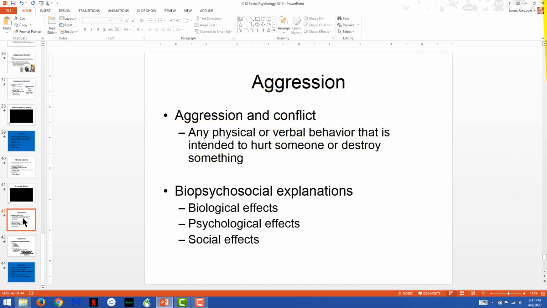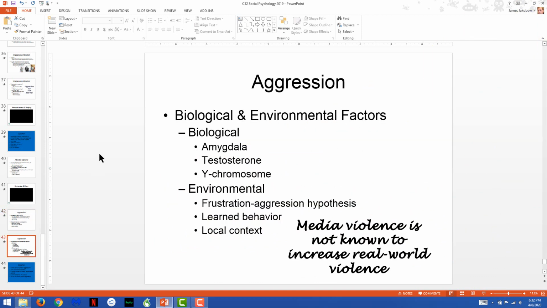Now, there are a variety of basic biopsychosocial explanations for aggressive behavior: biological effects, psychological effects, and social effects, and you have to deal with them each as they occur, based upon what aspects of biology would actually influence the likelihood of aggression, or what types of personal life history under psychological effects would actually do that, as well as the social contexts. And those are not that difficult to pull apart.